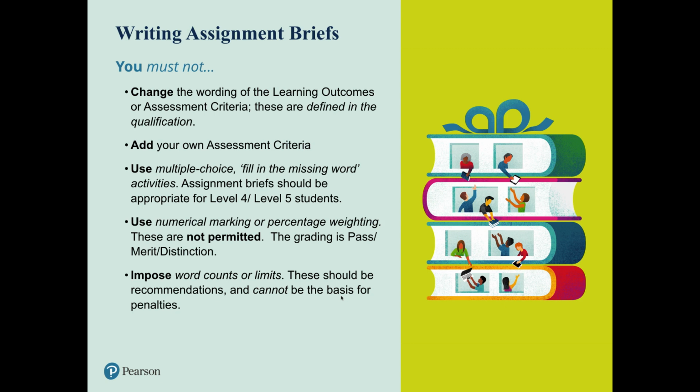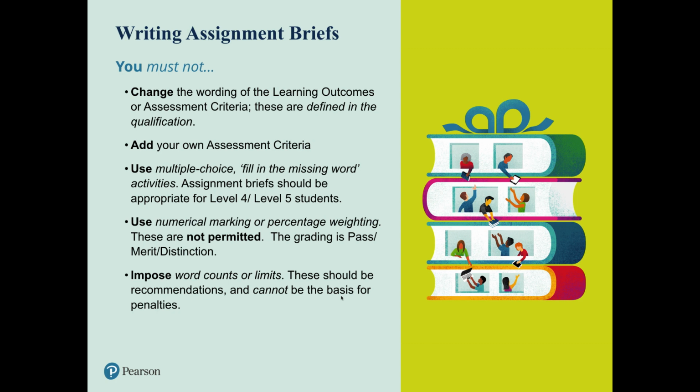You should not change the wording of the learning outcomes or assessment criteria. Those are defined in the qualification, and therefore that's a kind of contract between Pearson, the college, and the student. You should not be adding your own assessment criteria. The assessment criteria are defined and they must be as presented in the specification.